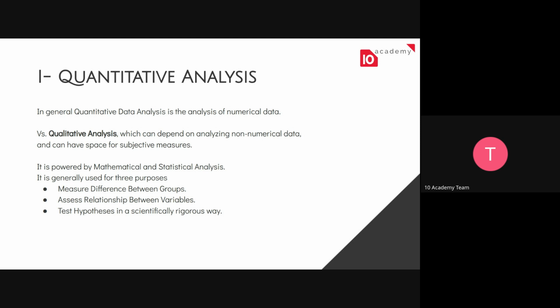Okay, so generally the statistical or quantitative analysis aims to do one of the main goals: measure differences between groups, find the relationship between different variables in the data, or test a hypothesis in a rigorous way.